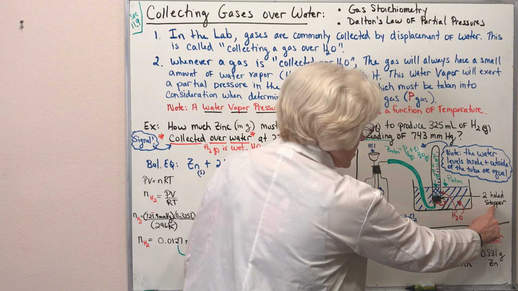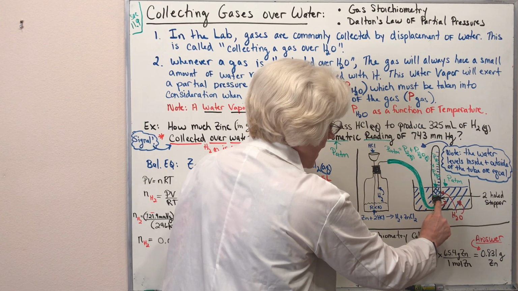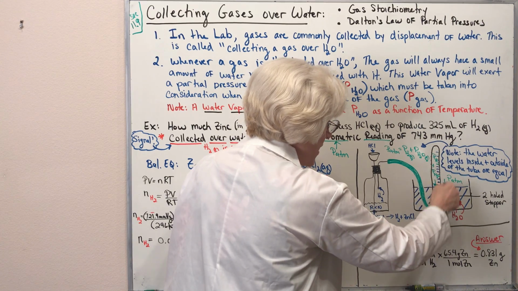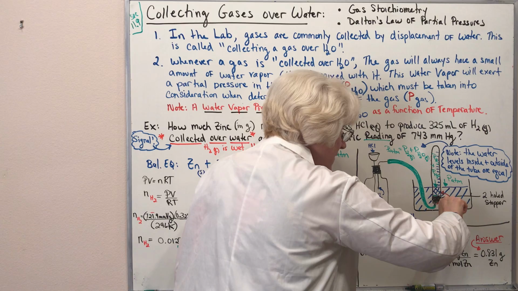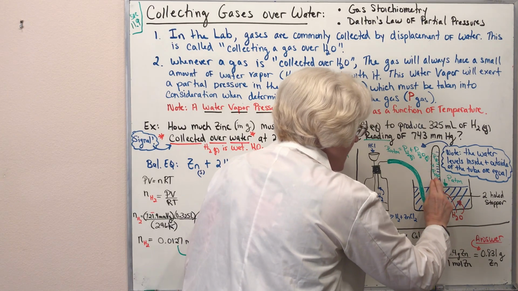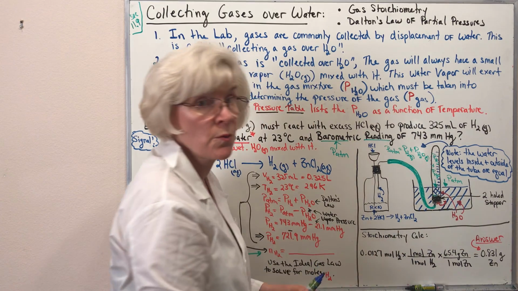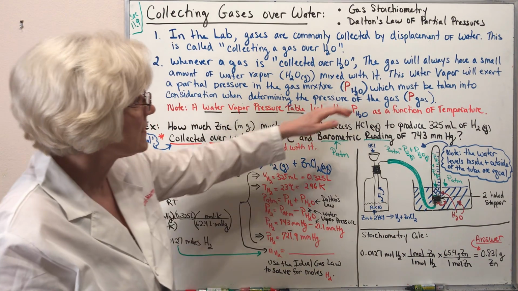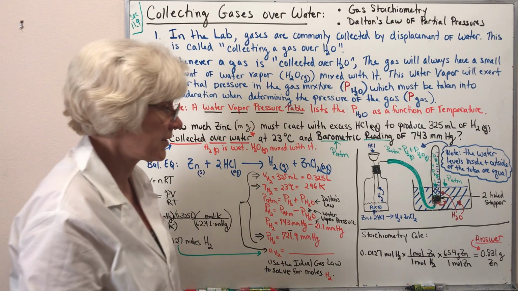So it's important to note here that you have a 2-hole stopper right here, and water, as it's being displaced out, can come out of the stopper as the hydrogen gas bubbles to the top and forces the water out. So we're collecting the hydrogen gas by displacement of water.